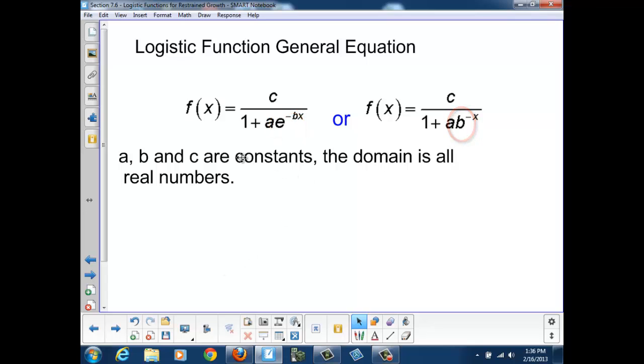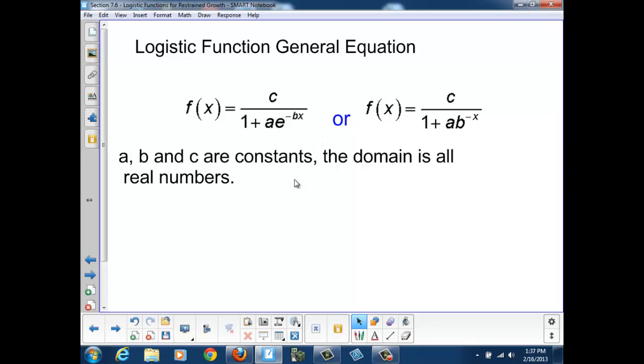You'll see that our f of x has this value on top, c, over 1 plus ae to the negative bx, or c over 1 plus ab to the negative x, where a, b, and c are constants. So these are the three unknowns we would have to solve for in a given set of logistic data. The domain is all real numbers.